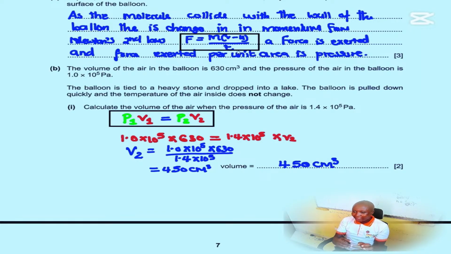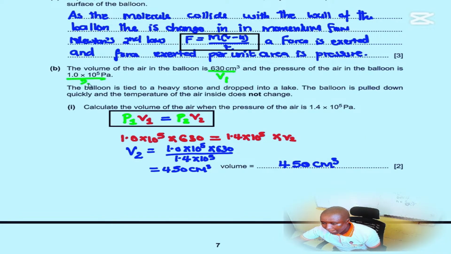We are supposed to calculate the volume of the air at that pressure. We use the formula P1 times V1 equals P2 times V2. So this is our V1, this is our P1, and then we have P2 at this point. We are looking for what?